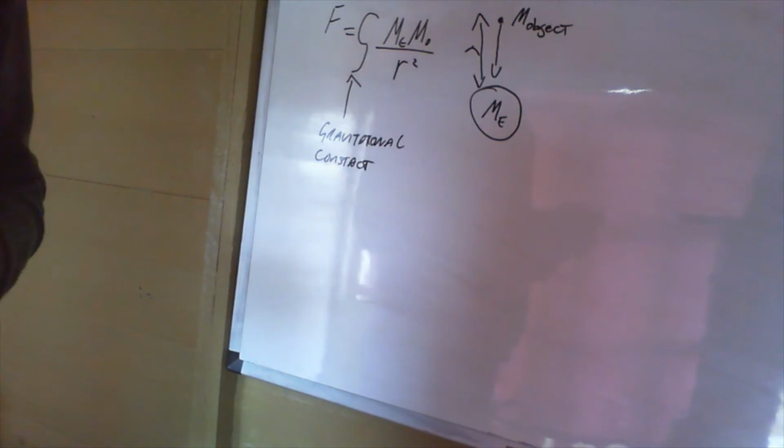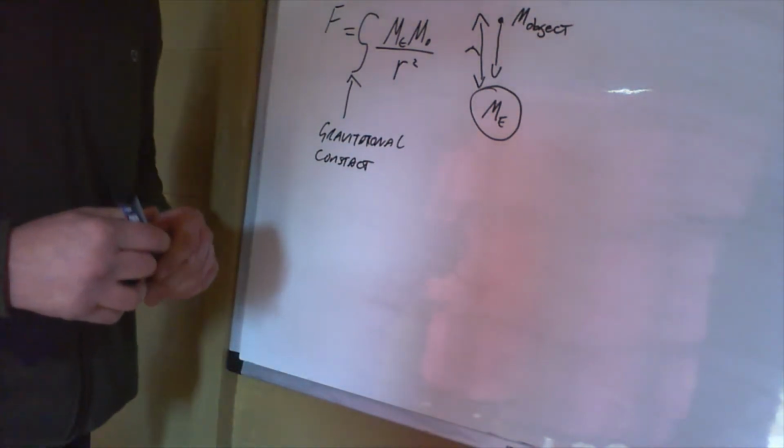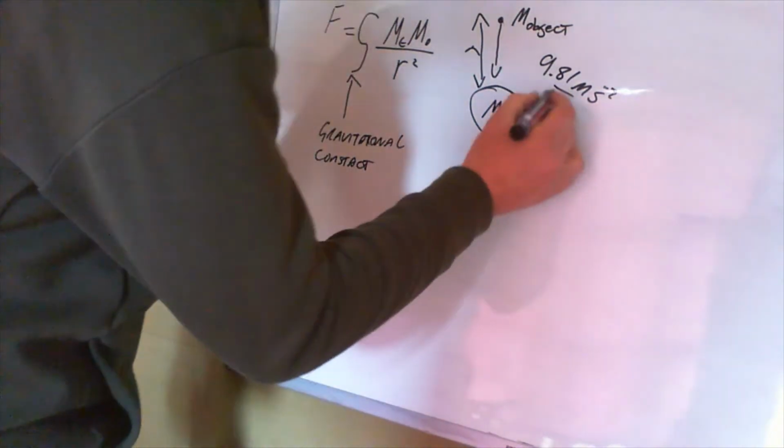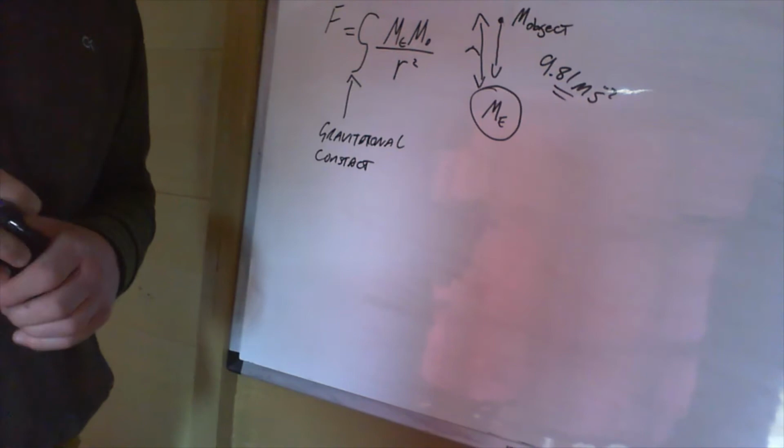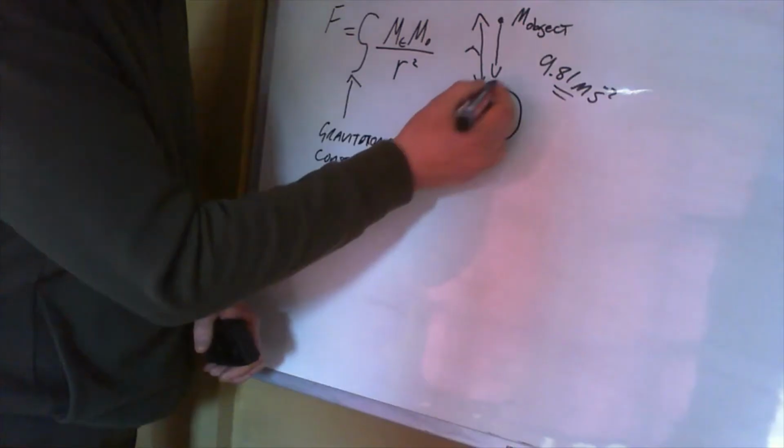Now we all say that the force of gravity is kind of constant around the Earth. This is a value of 9.81 meters per second squared. It's like an acceleration, so you accelerate at the same rate when you're falling towards Earth.